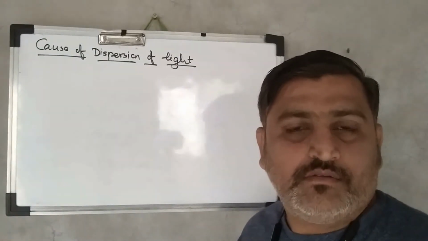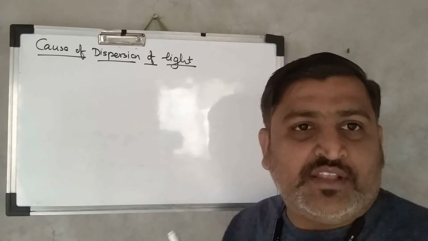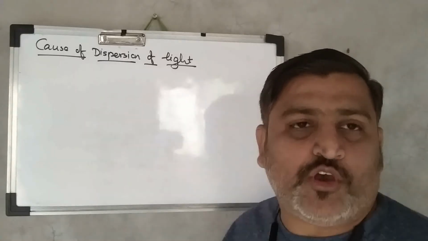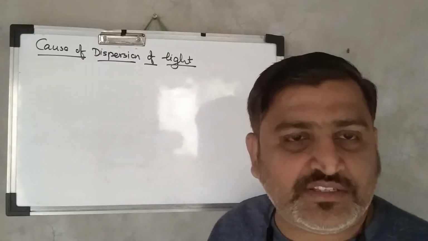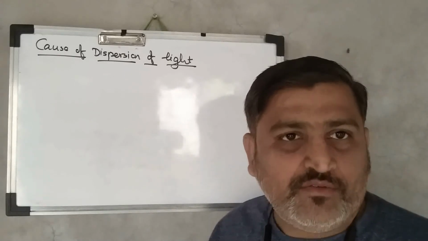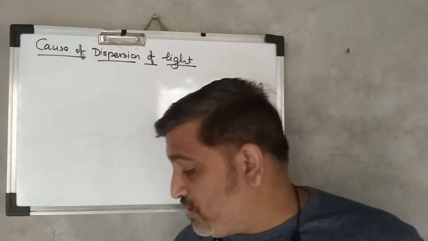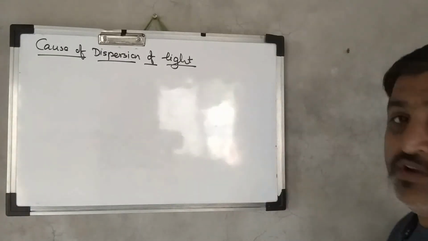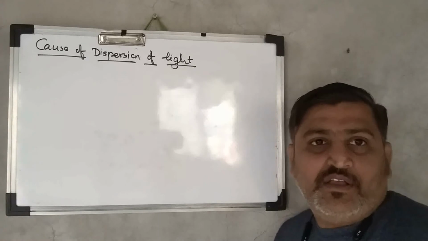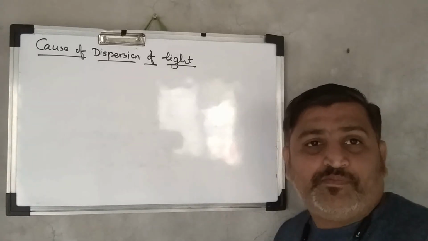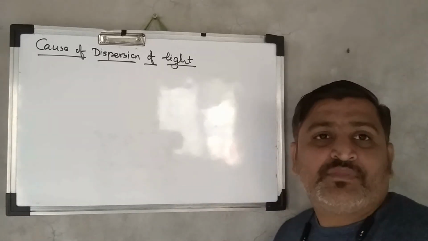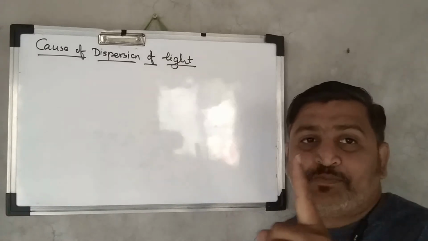You know that the sun rays are composed of seven different colors, VIBGYOR, and when all the colors pass through vacuum, there is no change in the speed of light.